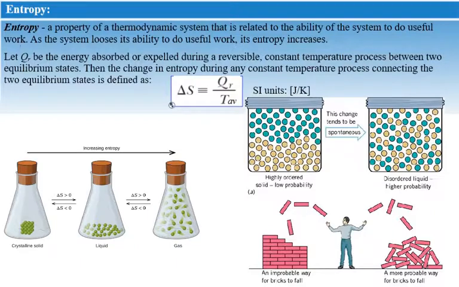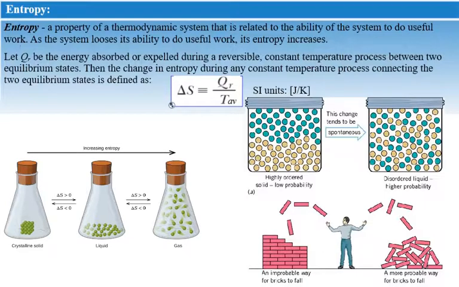So when we talk about the second law of thermodynamics, we state that spontaneous changes for irreversible processes in an isolated system always proceed in the direction of increased entropy, or disorder, or higher randomness.